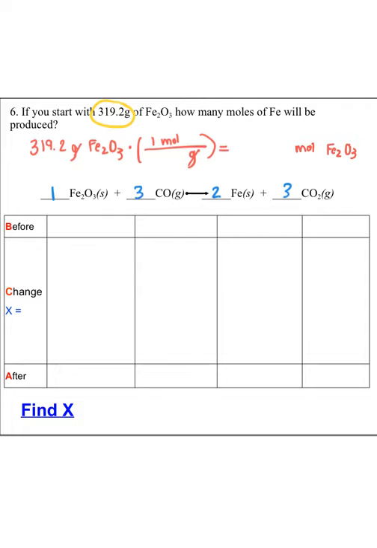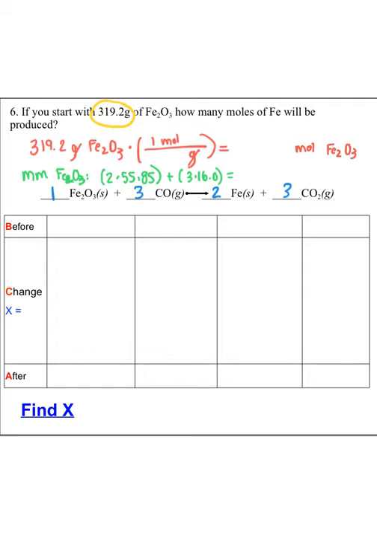Well, let's do a little refresher. To find the molar mass of Fe2O3, we need to take 2 times the mass on the periodic table for iron, Fe, which is 55.85, plus 3 times the mass of oxygen, which is 16. So I'm using the 2 times iron, the 3 times oxygen.